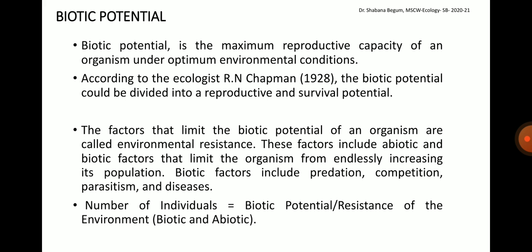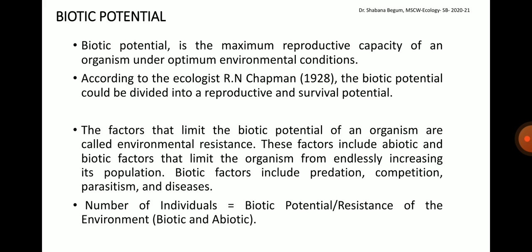Then the number of individuals equals biotic potential divided by resistance of the environment, which is biotic and abiotic. The biotic potential of a population can be calculated by the formula Rn = Δn / (n Δt), where R is the reproductive potential of an individual and n is the number of individuals present at that time.